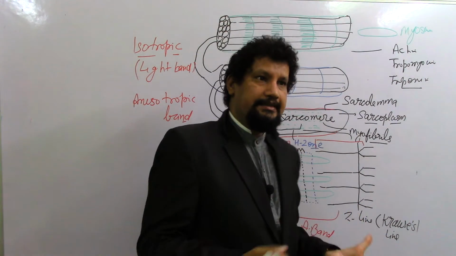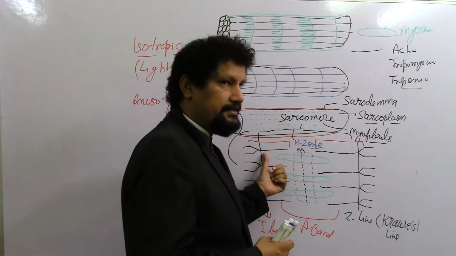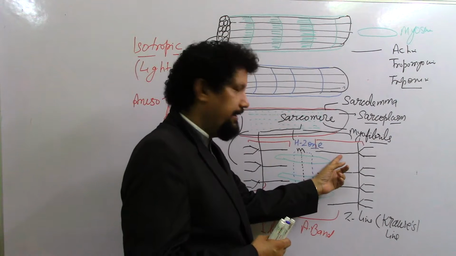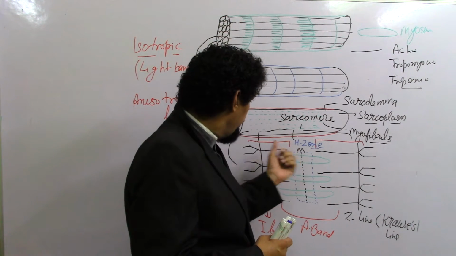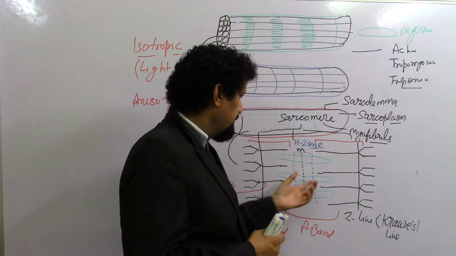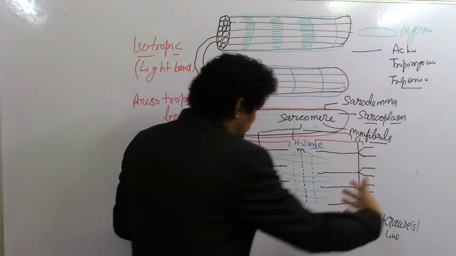When the energy is released in the muscle, there is sliding of the actin or thin filaments between the thick filaments. There is sliding inside from both sides.